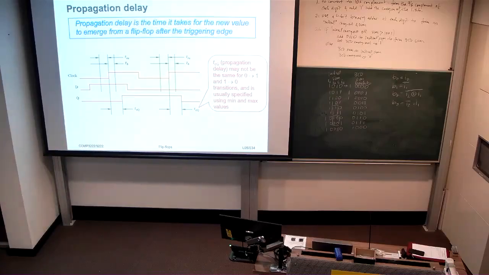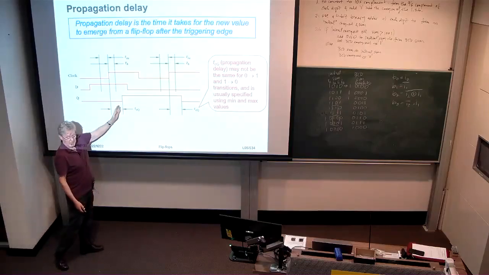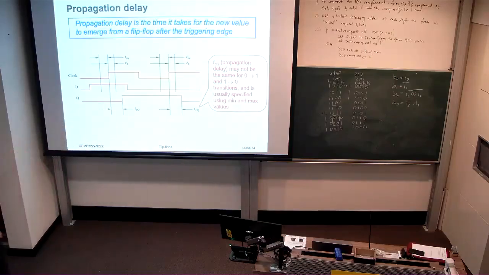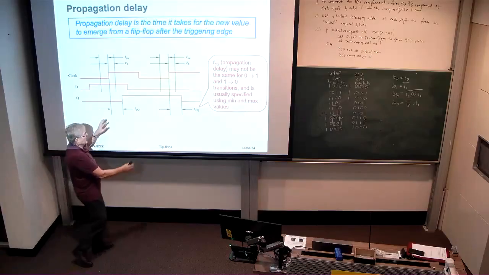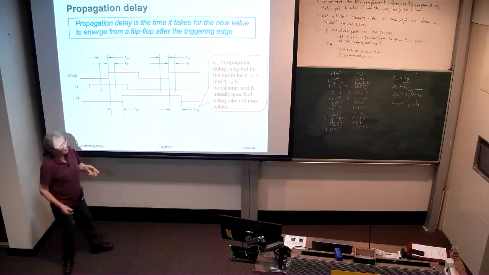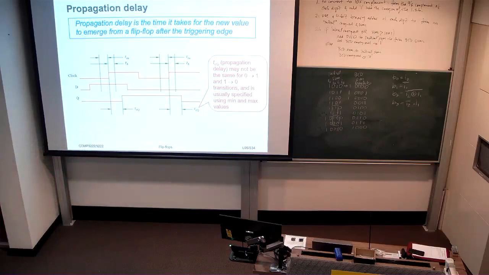They've got a capacitive load, there are resistances that restrict how quickly you can charge or discharge the transistors inside those gates. Okay, and that contributes to a latency in the output going high. Again, over here we see a rising edge, D being low. Again, there's a delay before the output goes low. And this TCQ propagation delay might vary, going from 0 to 1 and from 1 to 0. So they're usually specified with min and max values, as we'll see.